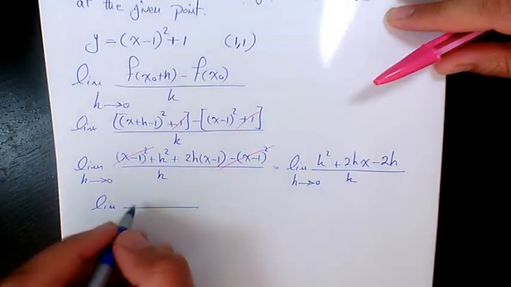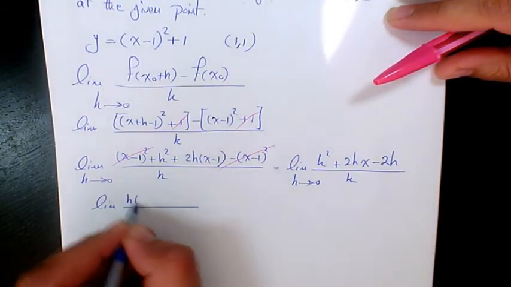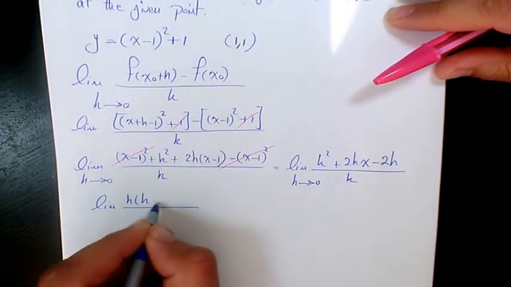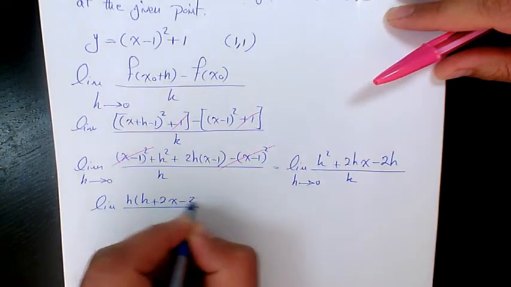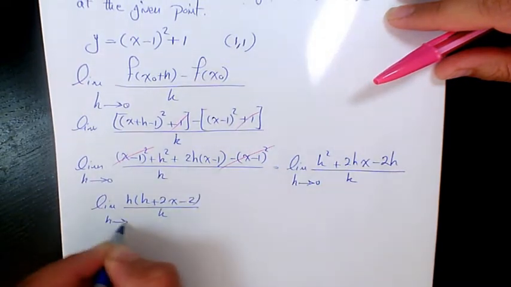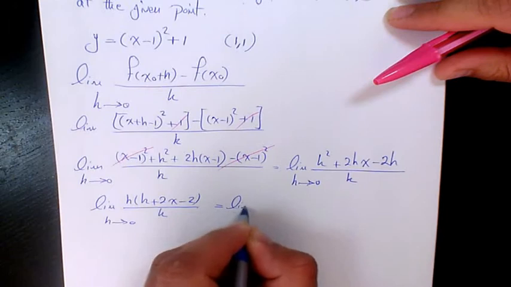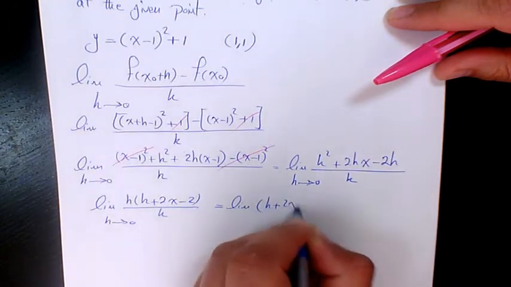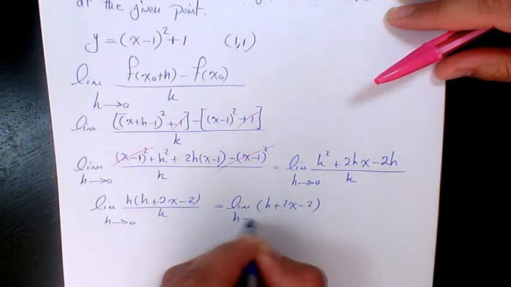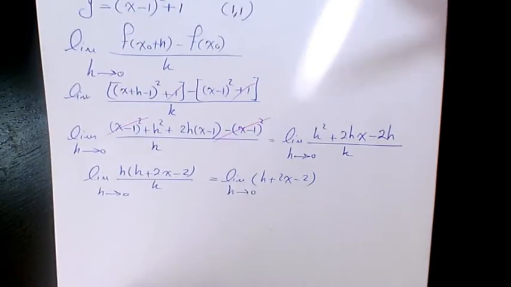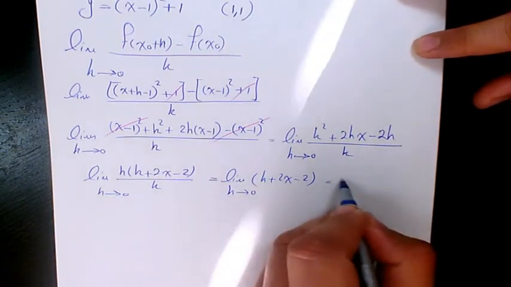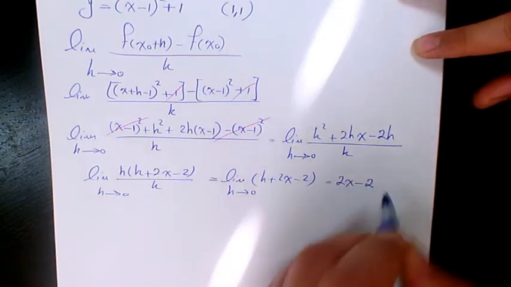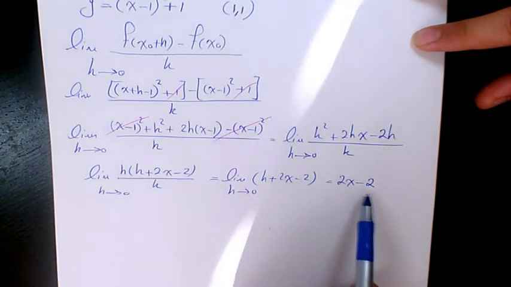So when you cancel that, first of all you need to factor it: h times (h plus 2x minus 2) divided by h. So when you cancel it, it's going to be h plus 2x minus 2. And when h approaches 0, it's going to be 2x minus 2. So that's going to be the slope of this function.